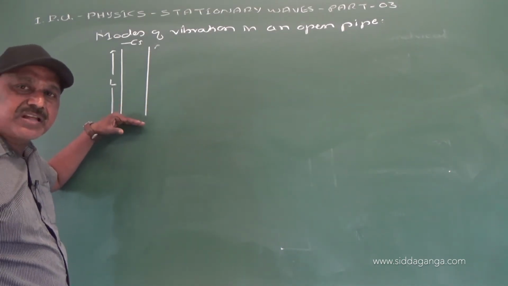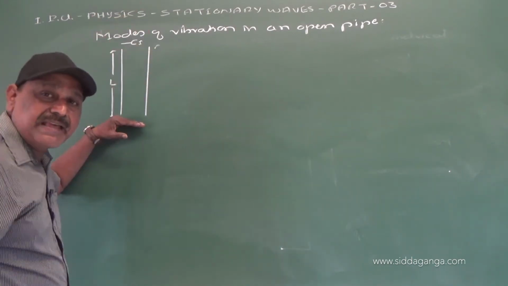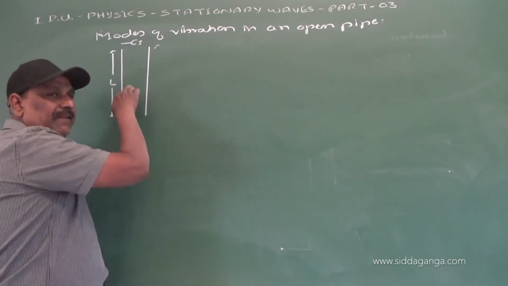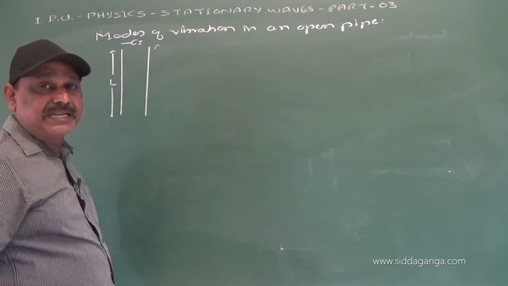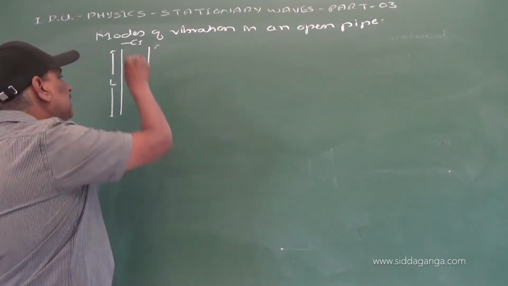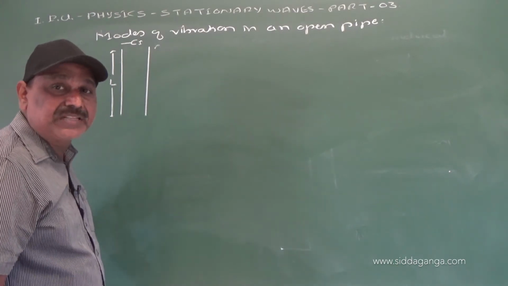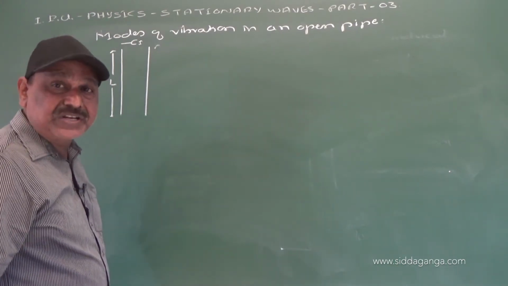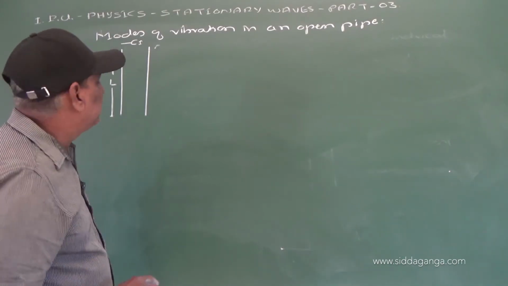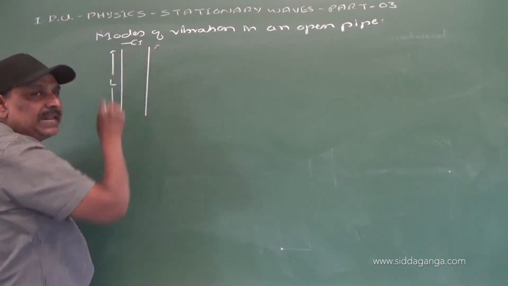If a rarefaction is incident at the other end, then it is reflected as a rarefaction. So, this reflected wave is identical to the incident wave, but traveling in the opposite direction. So, the incident wave and reflected wave superpose on each other, forming a stationary wave, which is a longitudinal stationary wave, right.